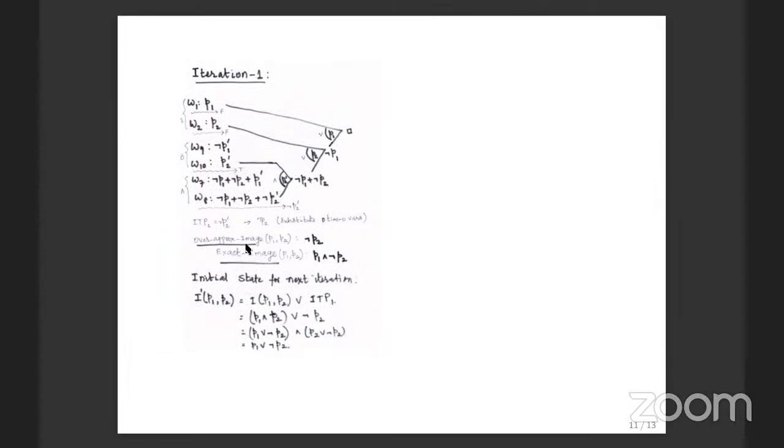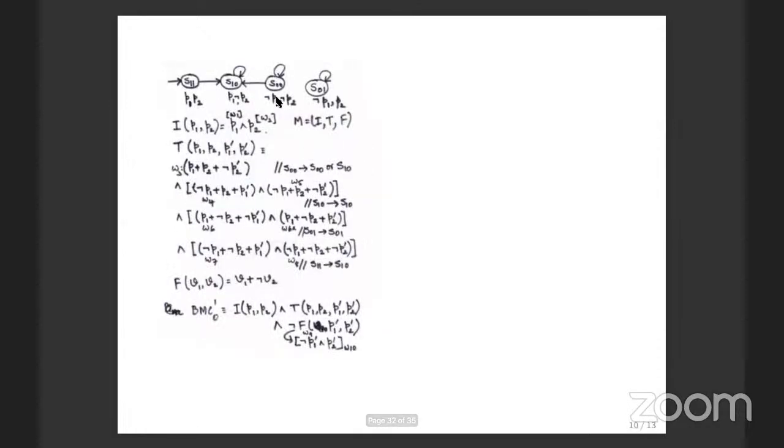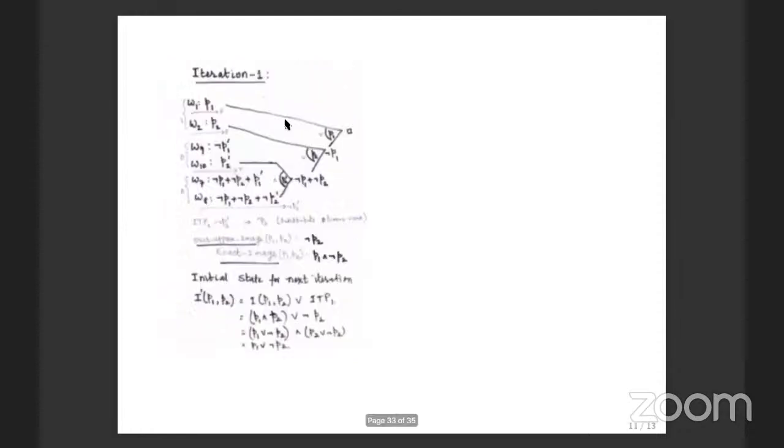But an over approximation of that image, that is an interpolant, is something that also includes this state, S00, correct? Because the bad state is not reachable from S00 either. But that is not in the image. It's actually not even part of the reachable states.